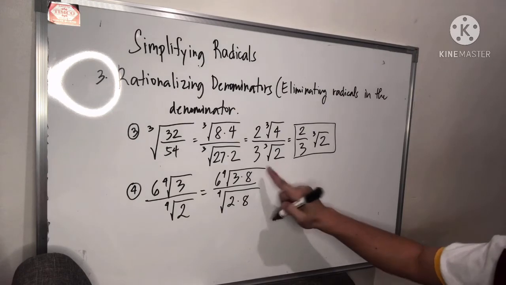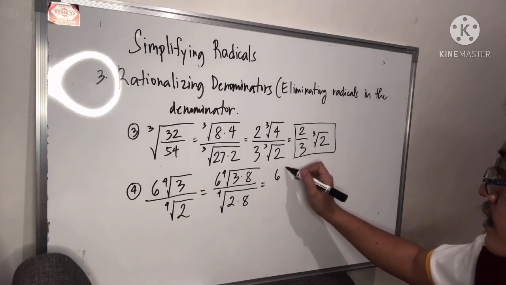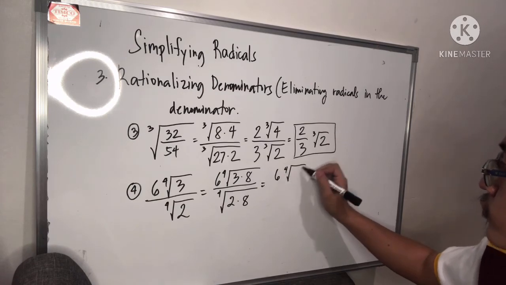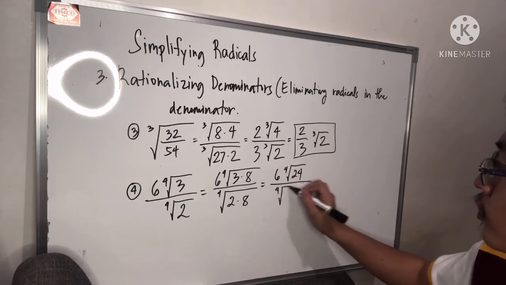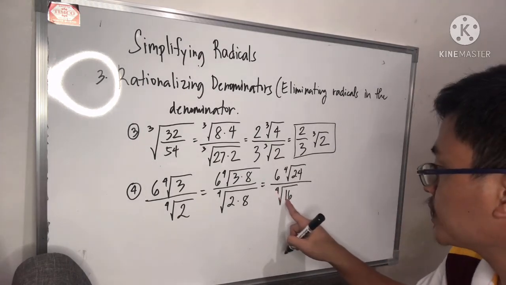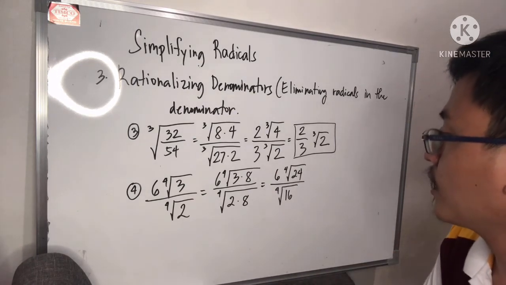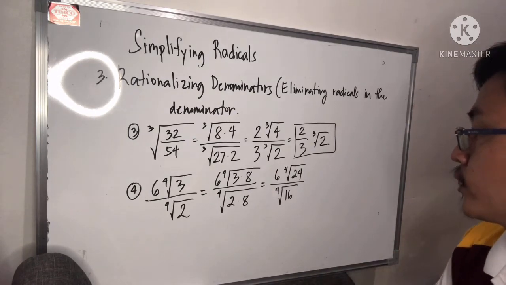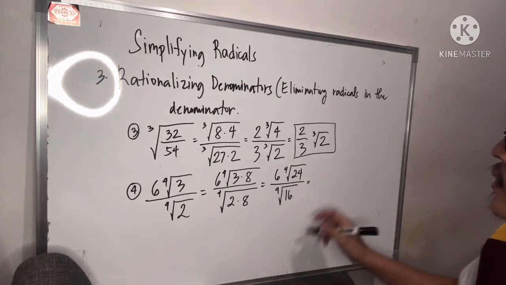Okay? So, this becomes 6, the fourth root of 24 over the fourth root of 16. Tama, di ba? The fourth root of 16 is a perfect fourth root siya, no?